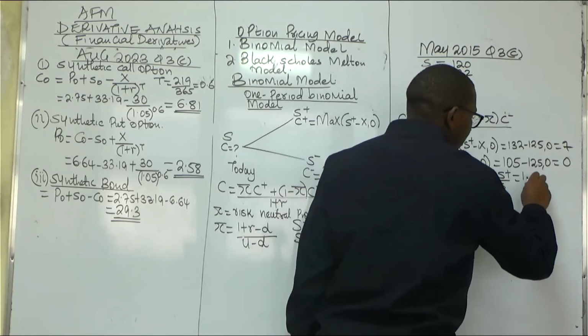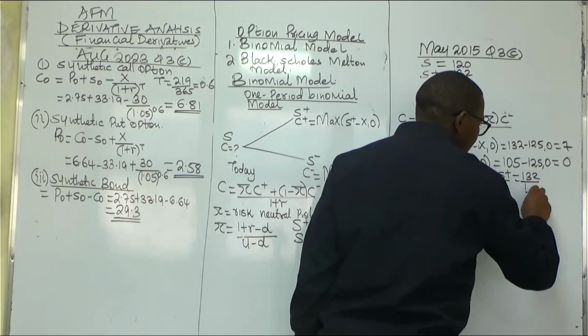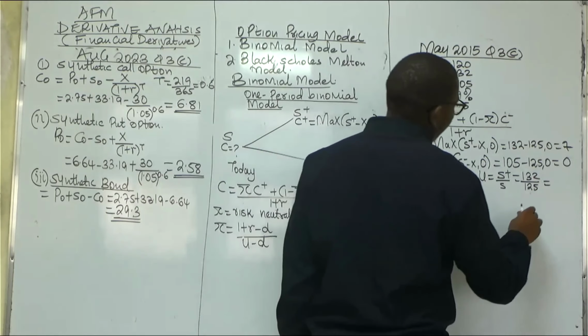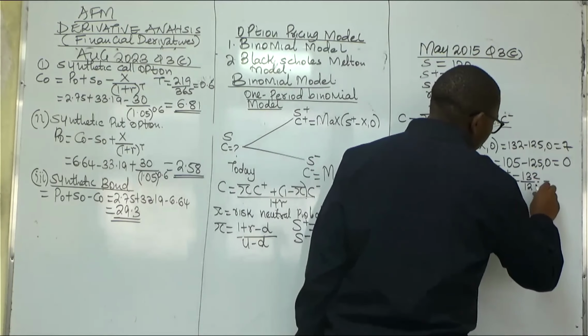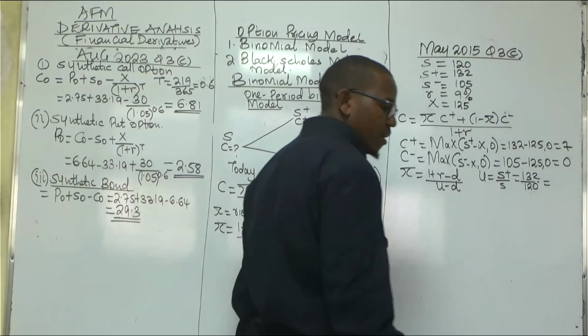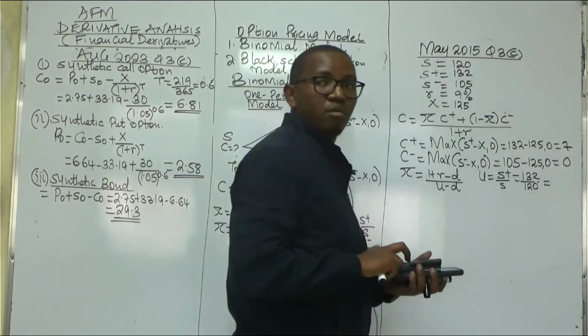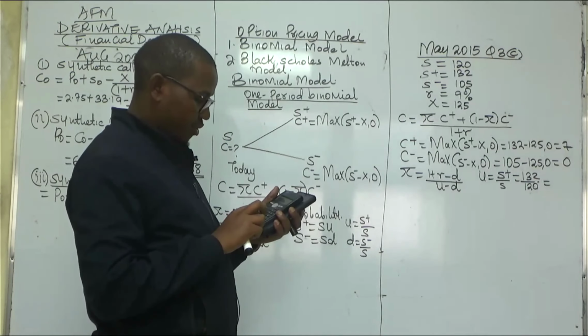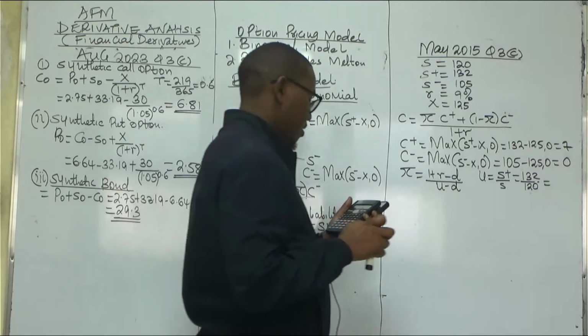S goes to 132 divided by 125. Not 125, but what? The current price is 120. So 132 divided by 120.